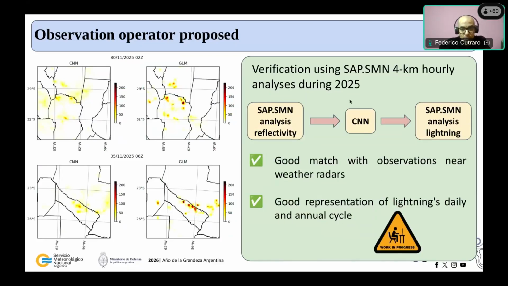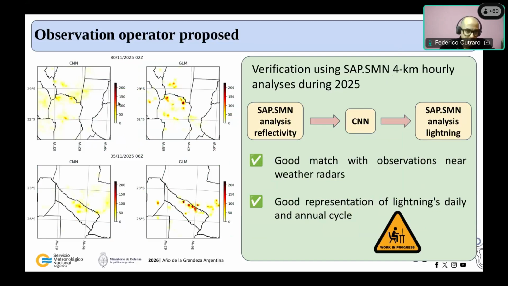This observation operator, we are now testing it in the regional analysis of the National Meteorological Service during all of 2025. So to reinforce the idea, we take the analysis reflectivity as an input for the convolutional neural network, and get the lightning analysis. I didn't mention, but we use the LETKF methodology, the local ensemble transform Kalman filter, to perform the regional analysis.